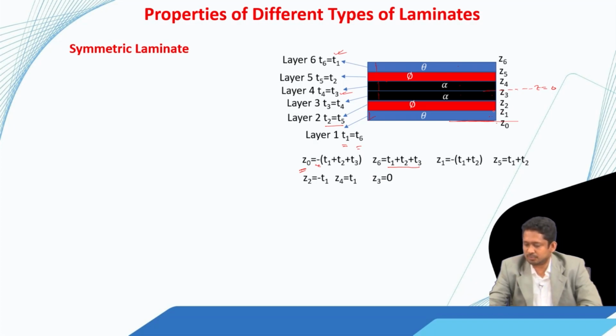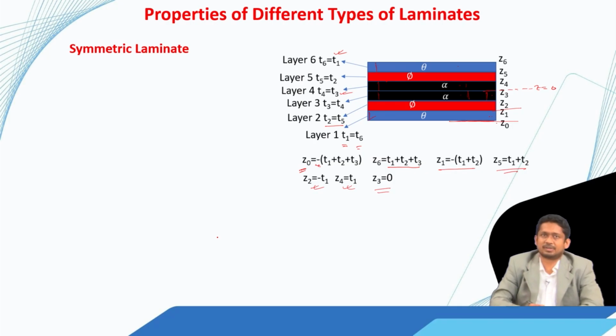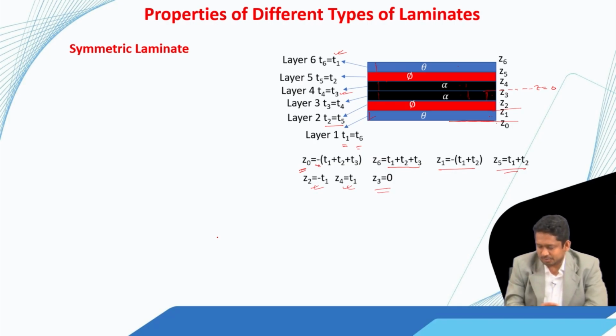Likewise, Z1 is T1 plus T2 with a negative sign, and Z5 is again T1 plus T2 with a positive sign. Z2 is just T1 with a negative sign, Z4 is T1, and Z3 is equal to 0. With this, we will now try to prove that the B matrix is 0.